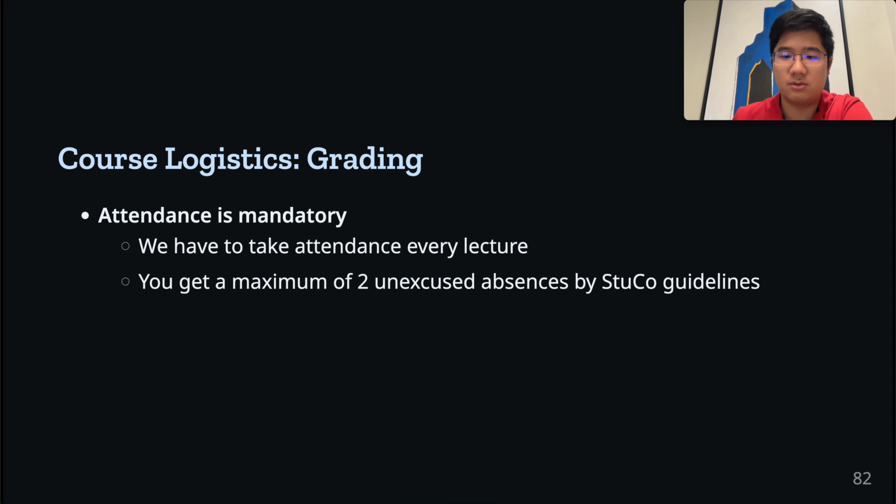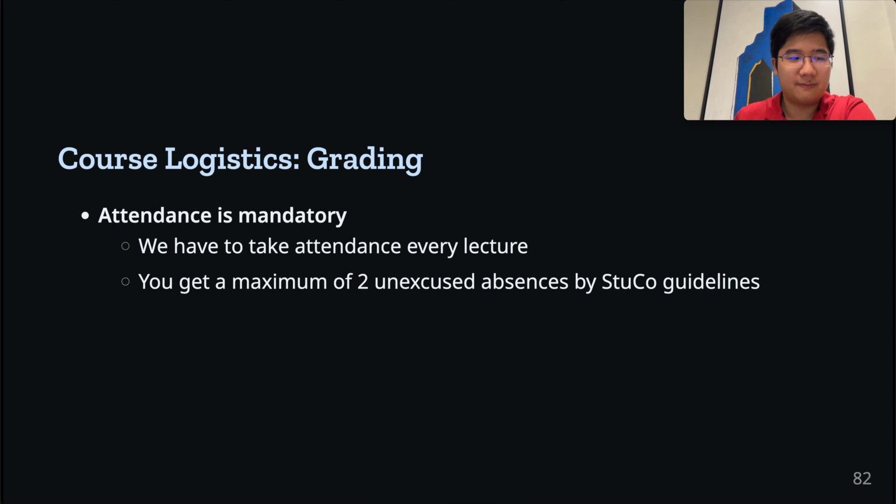This is a CMU StuCo general guideline, and we're not allowed to break away from it. So, just to be very clear, I'm going to say it again: as soon as you hit 3 unexcused absences, it is done. You fail. And we really do not want to have to deal with that.